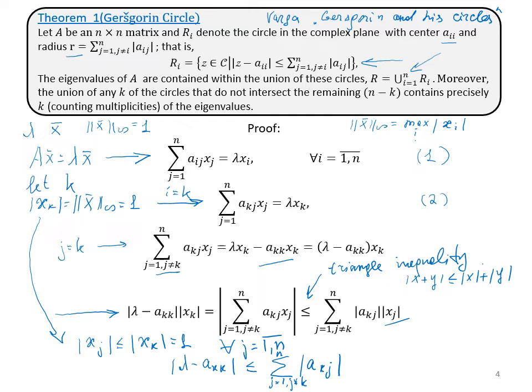And this we denote as a small radius r_k. So we have such k that this inequality, let's say 3, holds, which means that our lambda belongs to the closed circle with center a_kk and radius R_k. The first part of the theorem is proved.